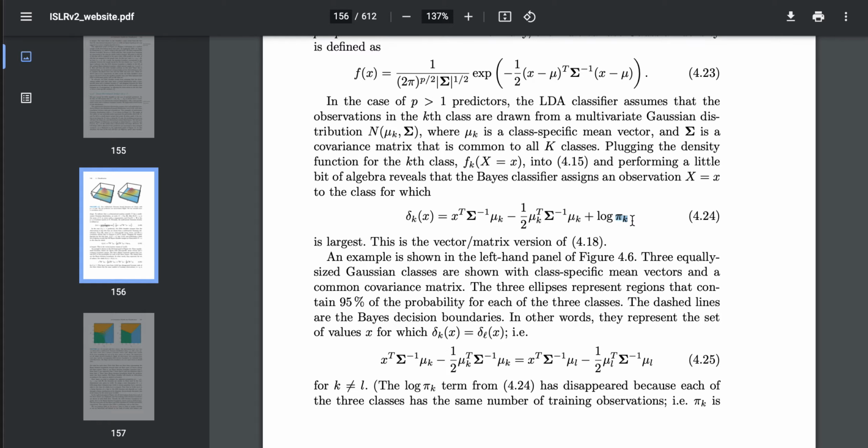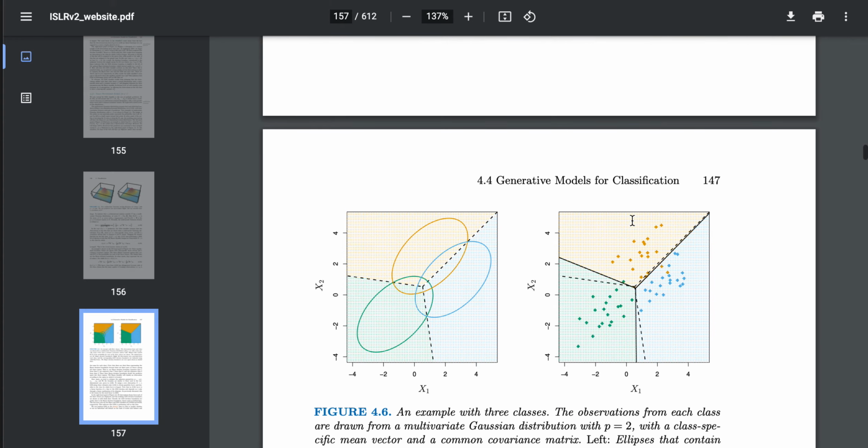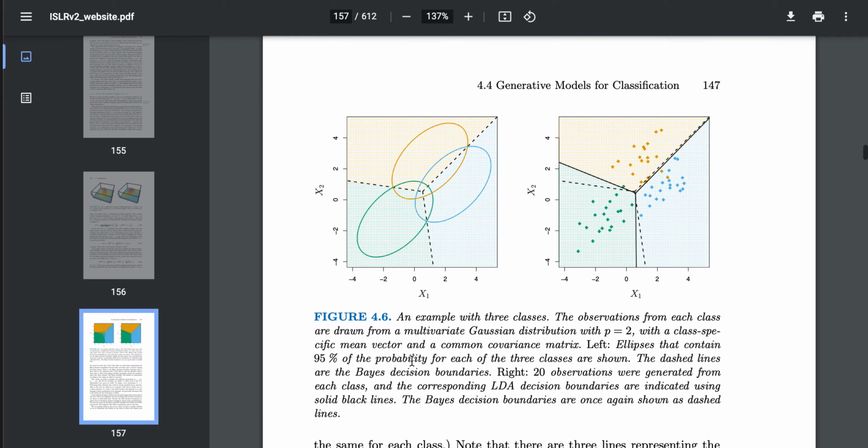We have to estimate them from the data. And since estimates are noisy, this is the boundaries of the optimal Bayes classifier. These are Bayes decision boundaries, when we have perfect information about the class-specific means. Now, when we don't have them and we estimate them from the data, as we can see here, our covariance estimates and our means are slightly perturbed.